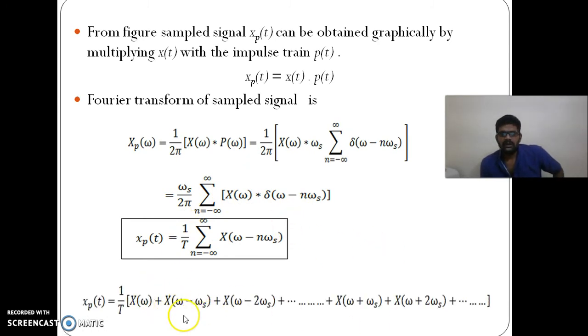If you substitute the n values, we get x of omega plus x of omega minus omega s and so on. Everywhere we have x, the amplitude, but shifted by omega s, 2 omega s, 3 omega s, and they are added.